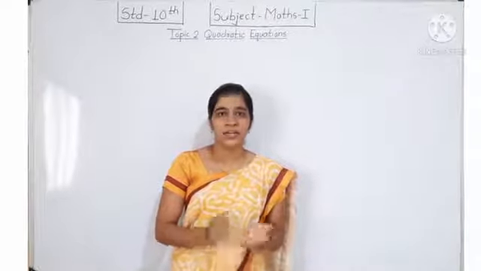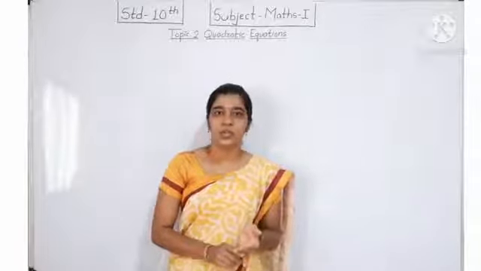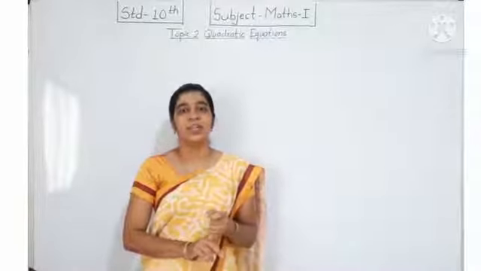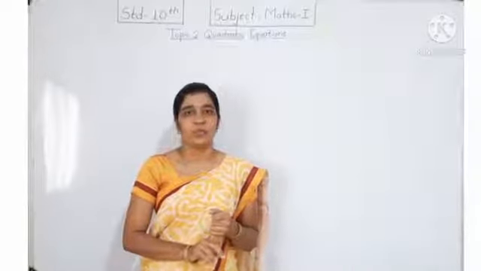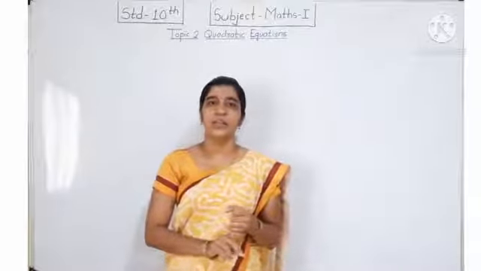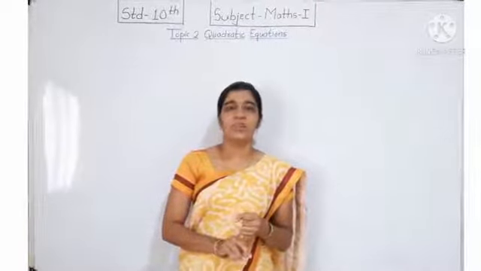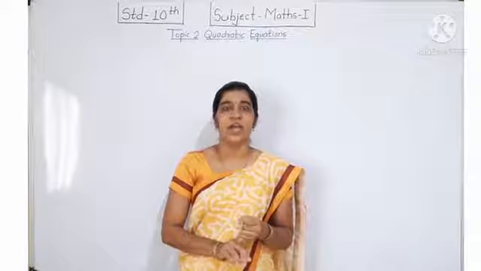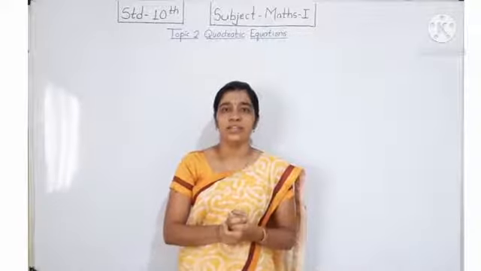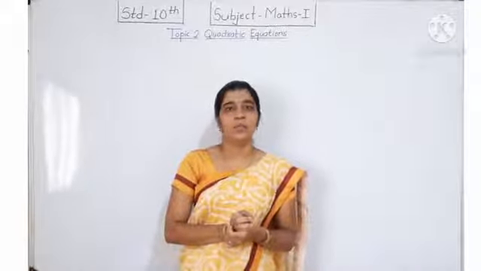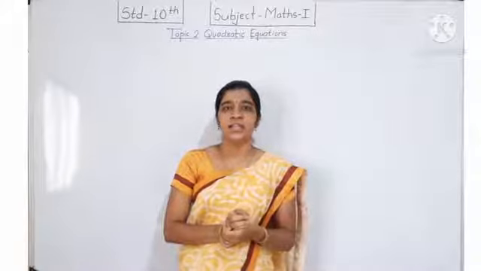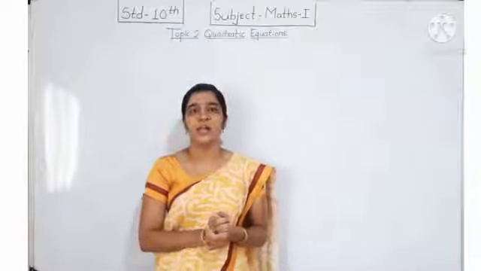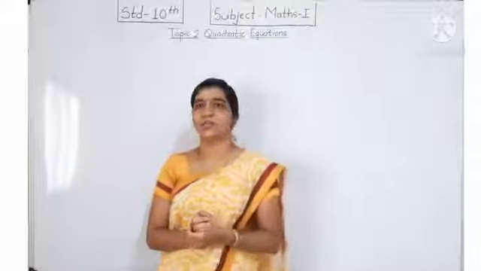We had seen discriminant, nature of the roots, and solving quadratic equations by 3 methods: factorization method, complete square method, and formula method. Also, we had seen formation of a quadratic equation if the roots are given. And the last one we had seen is the relation between coefficients of a quadratic equation and roots of a quadratic equation.